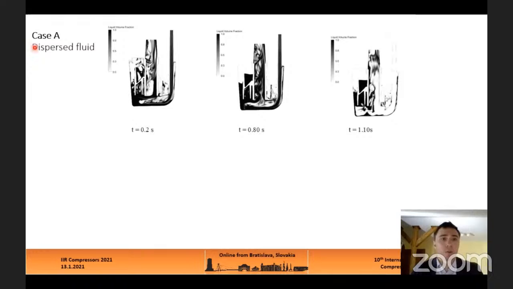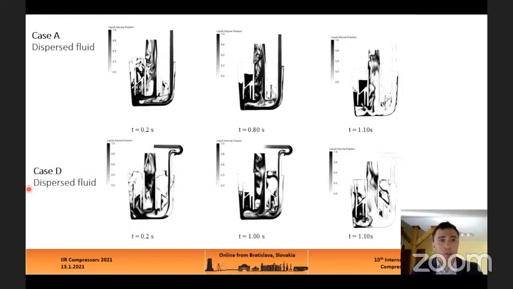Here we have the results for the same design for dispersed fluid. So again, the filling up process lasts till the first second, and then very quickly we are depleting the liquid from the suction muffler. The important change between the simulation approaches is visible here: even for the design where we have a separation point, we have a decent amount of liquid coming into the muffler.